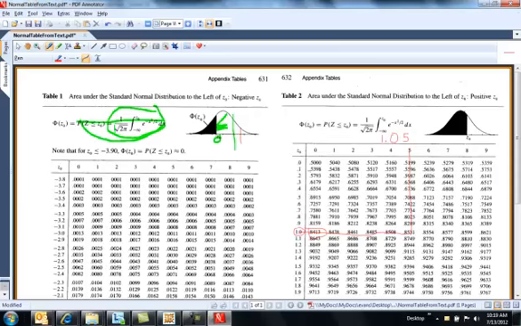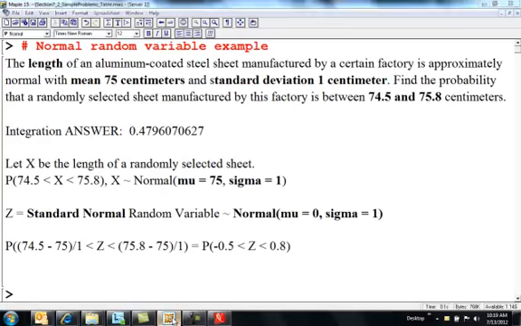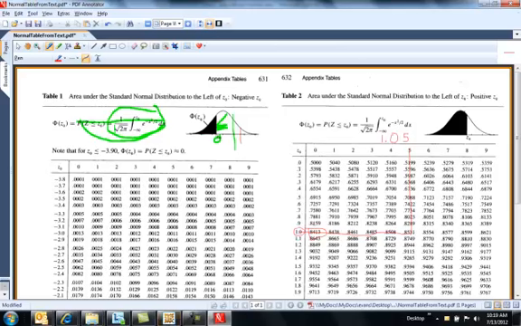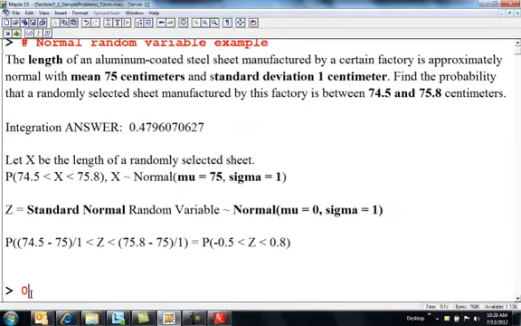First, how much area is under the curve up till 0.8? So let's see, here's 0.8, 0.80 is 0.7881. So 0.7881 is the area to the left of 0.8.